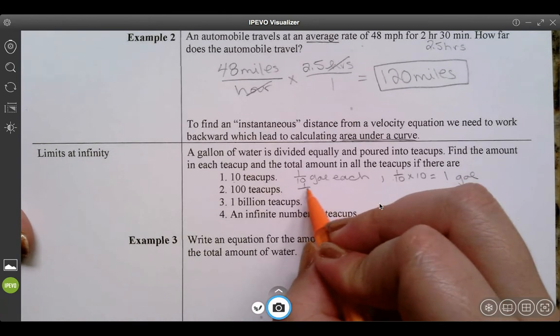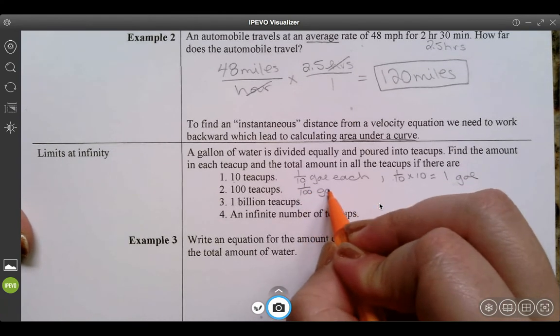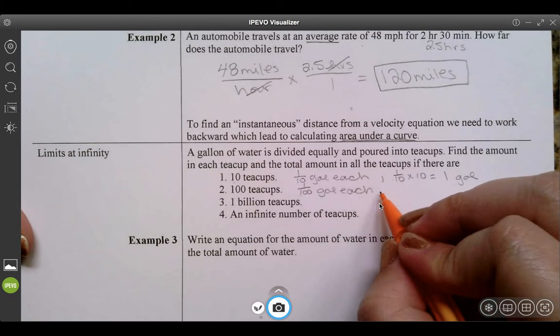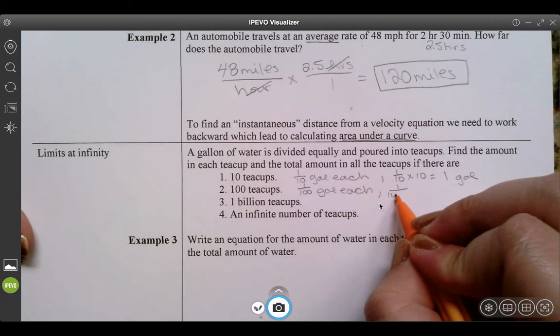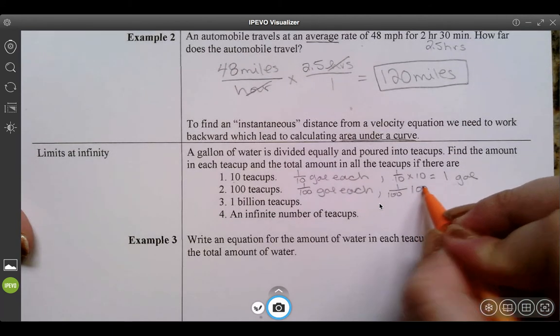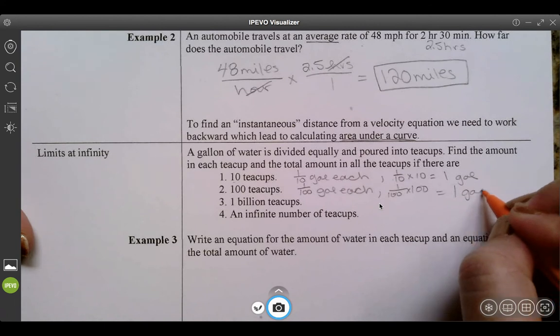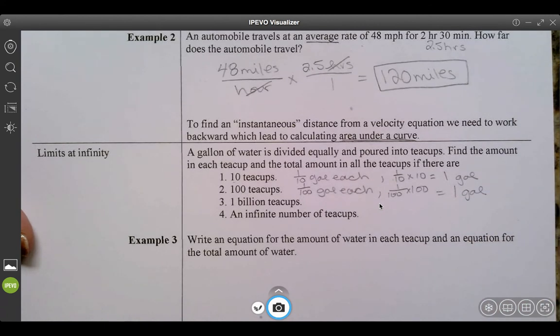Well, then I have 1/100th of a gallon in each teacup if I'm splitting them evenly, which means the total amount of water I have is 100 teacups with 1/100th of a gallon in each one. So again, I should get 1 gallon. Okay, so then what if I have 1 billion teacups?